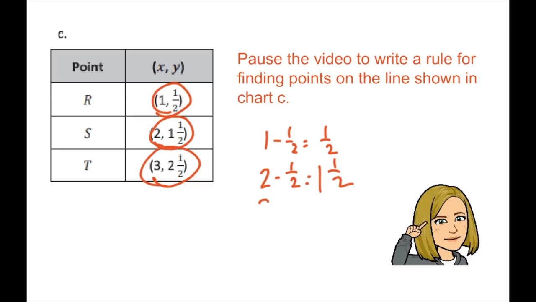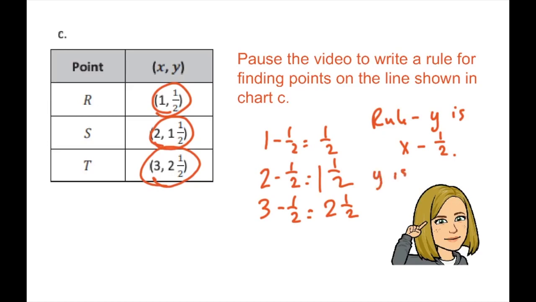Also true. And 3 minus 1/2 equals 2 and 1/2. That is correct. So I can display my rule as y is x minus 1/2. Or I can say that y is 1/2 less than x. Both are acceptable answers. Let's keep going.